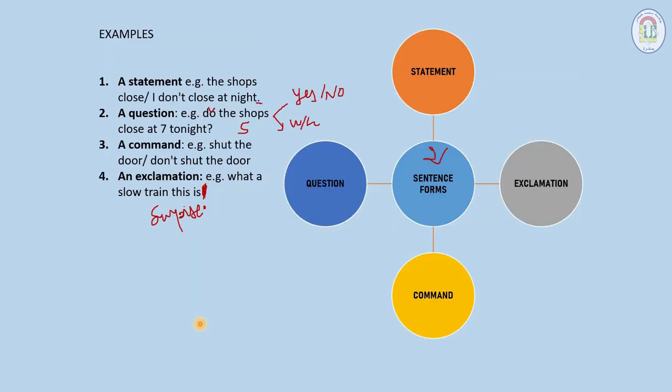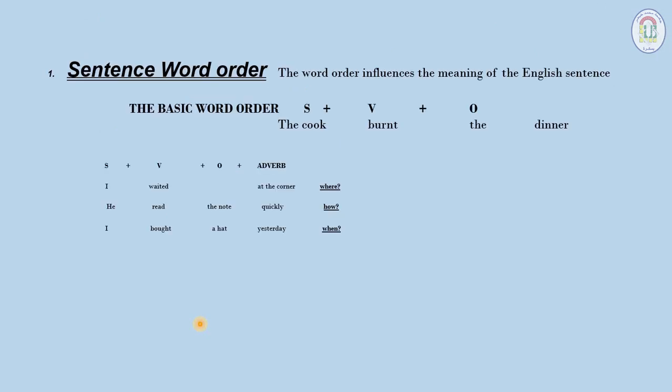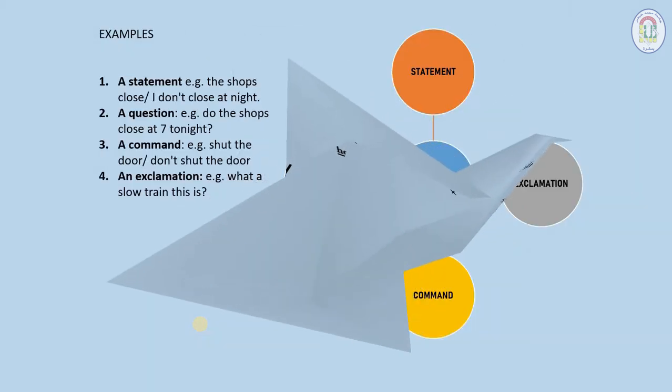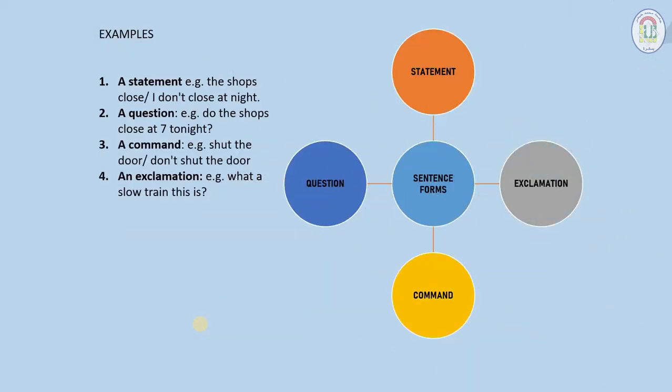I hope, my dear students, that you have an idea about the sentence word order, the different forms of the sentence: the statement, the question, the command, and the exclamation. These forms are not influenced by the kind of sentence or by the pattern of the sentence.